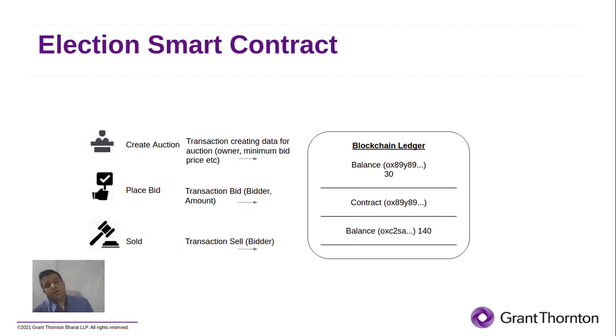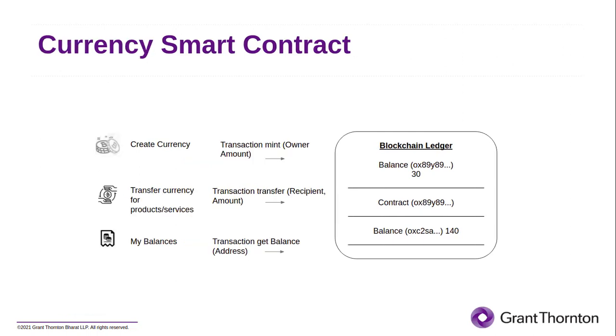Similarly, for an auction contract, you can have create auction, place bid, and sell transactions. When it comes to currency, you would have the ability to transfer, the ability to mint more currency, and retrieve the balance owned by a certain account on an address as basic functions that should be implemented.